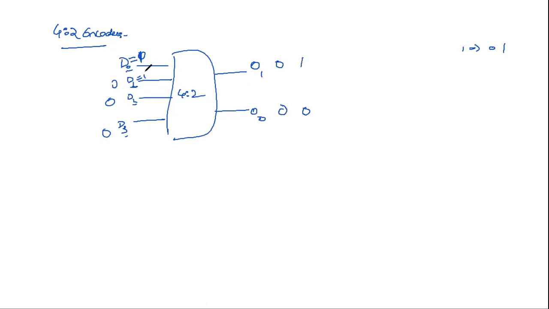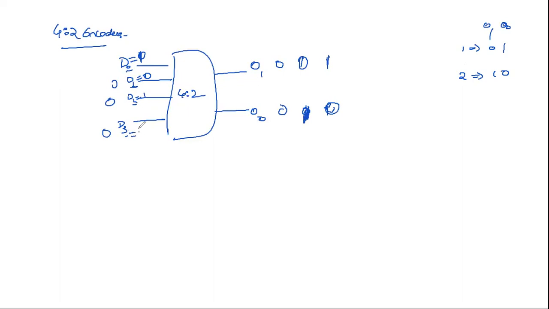If all values are 0 and D2 is equal to 1, the decimal value is 2 and the binary value is 1 0. So this bit is 1 and this is 0, because this is O0 and this is O1.